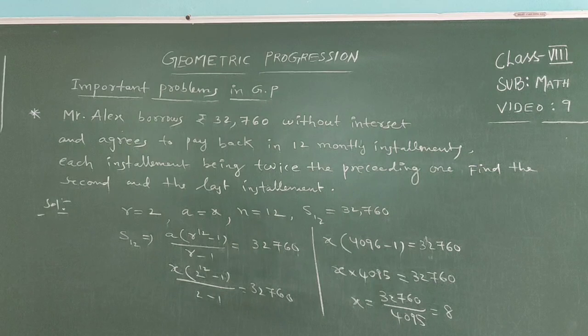So 4096 minus 1 means 4095, divided by 2 minus 1 means 1, so 4095. X into 4095 equal to 32,760. Then X equal to 32,760 by 4095, that's 8. 8 is the first installment.